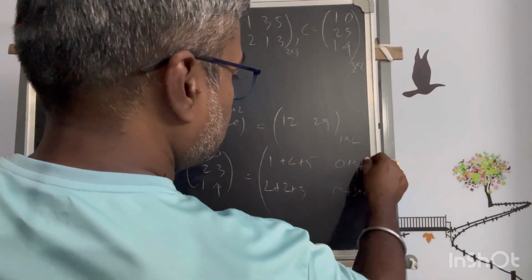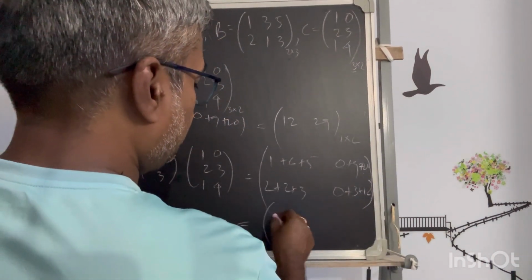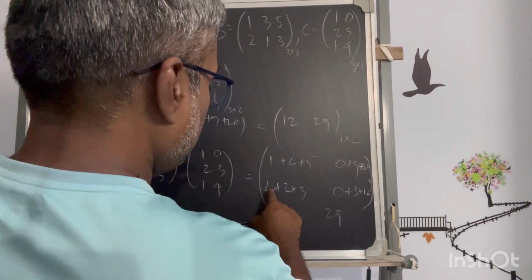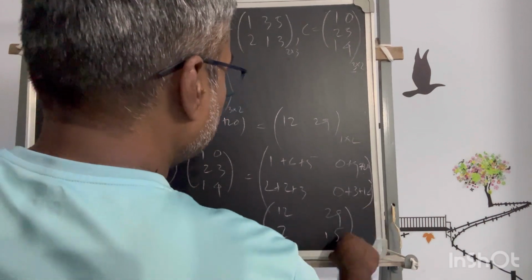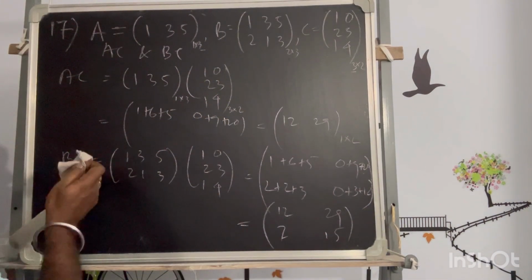So this is the case. So ultimately 1, 4, 12, 29, 7, 50. So this is the result after the multiplication.